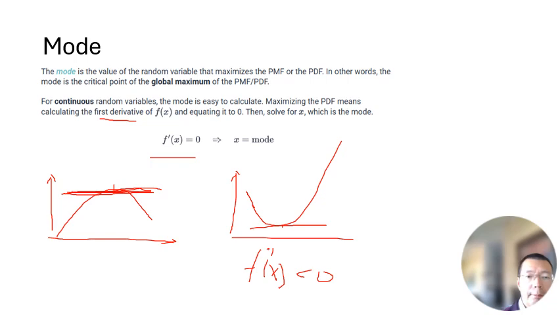But bear in mind, in the complete theory, if you want to find a global maximum, you not only need f'(x) equal to 0, you also need the second derivative to be negative. Otherwise, you may not end up with a max. You might end up with a min here. That's just a little more knowledge that we need to know.